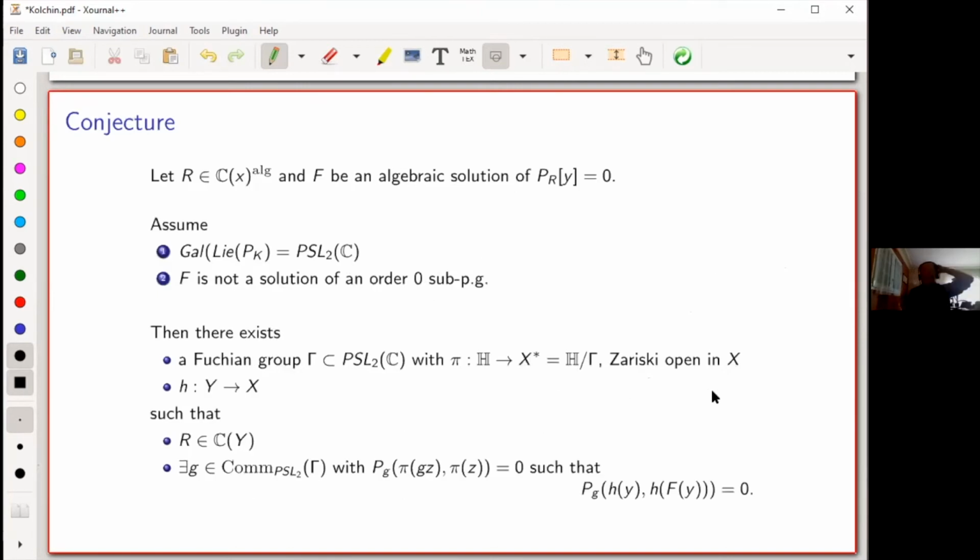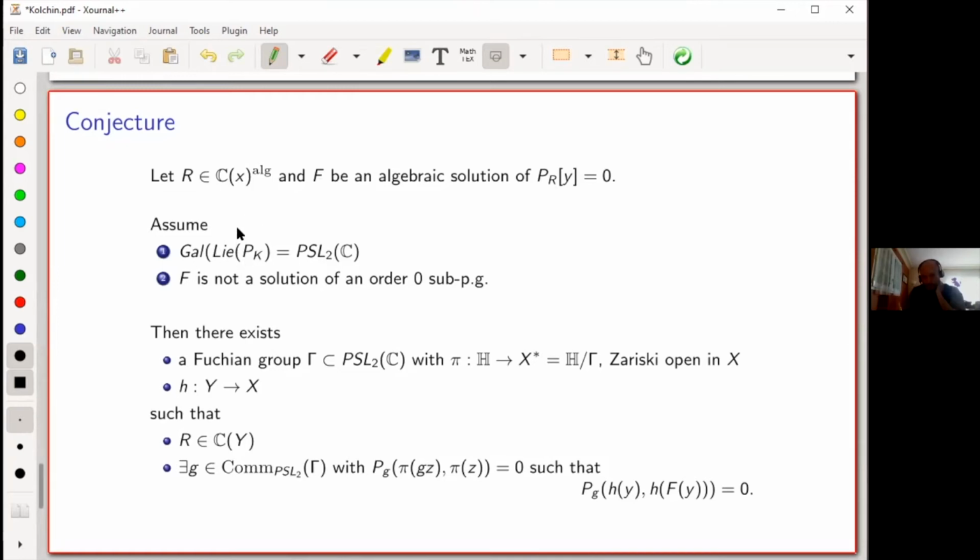So the conjecture is here. You start with an algebraic function and an algebraic solution of this big differential equation I just talked about. And you assume the Galois group of the Lie algebra.